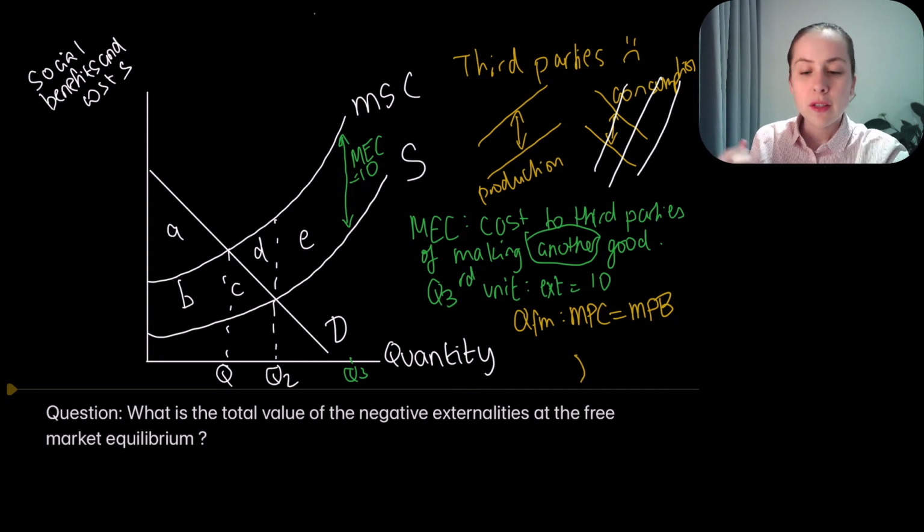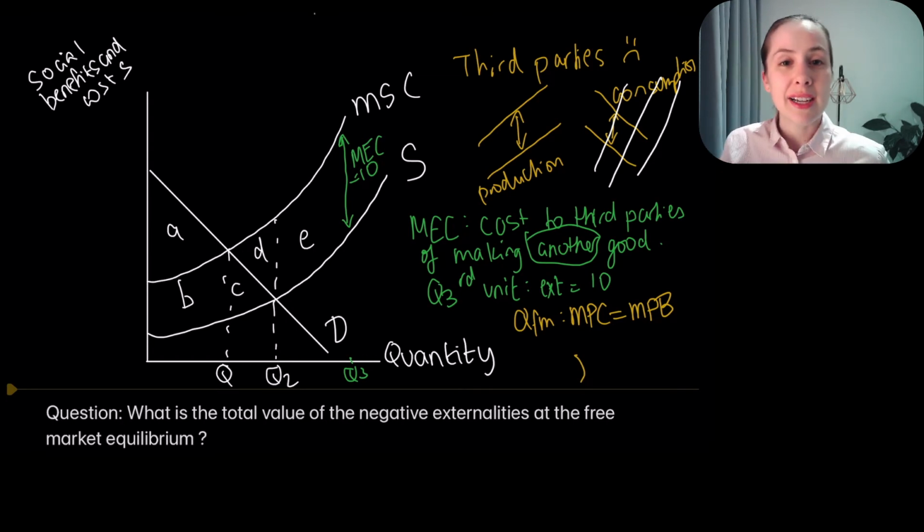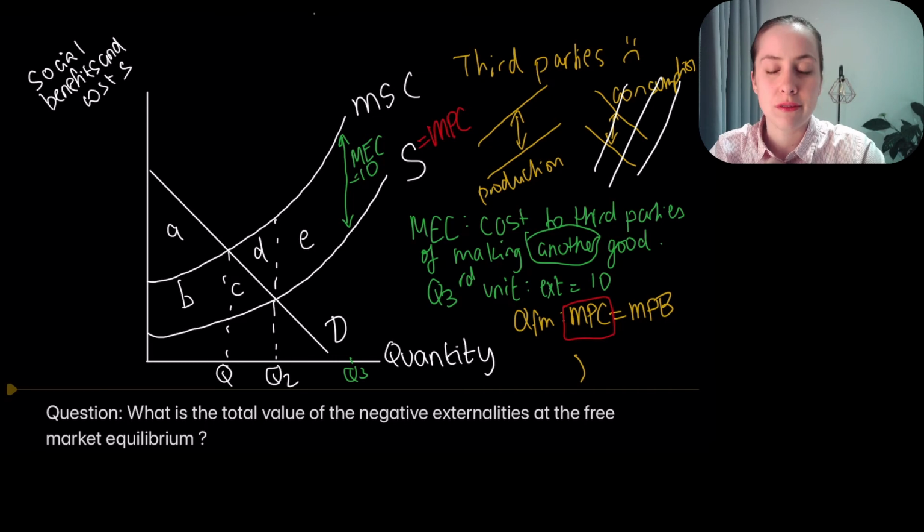A firm will only ever supply according to the costs that they have to pay. Why would a firm pay more costs? And why would a firm get away with paying less? They can't. They have to pay their marginal private costs, and they will supply on that. So we can infer that the supply curve will reflect the marginal private costs of the firm.